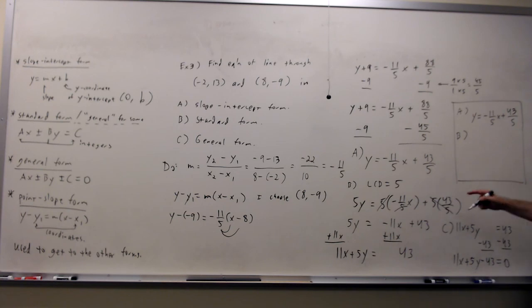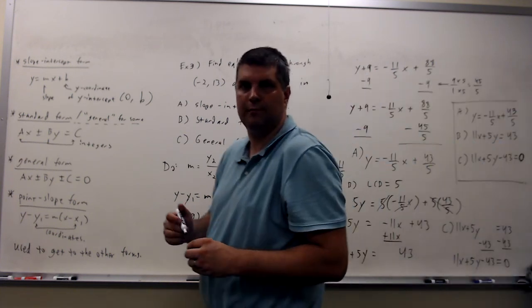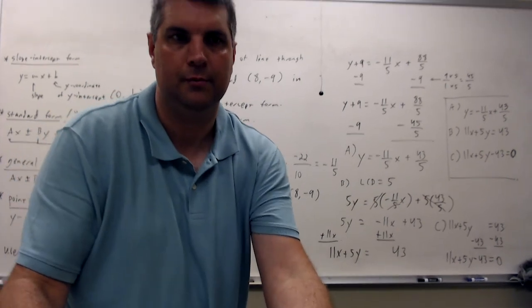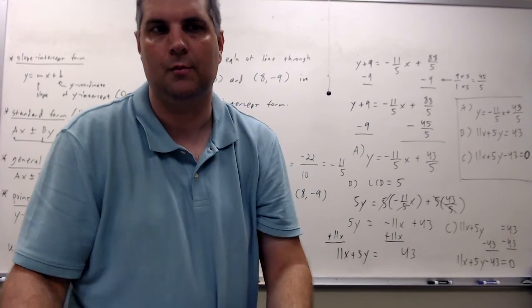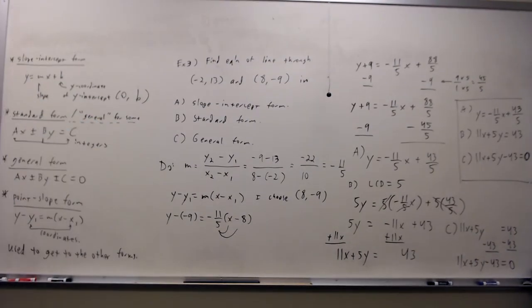B is 11x plus 5y equals 43, and C is 11x plus 5y minus 43 equals 0. And I'm done.